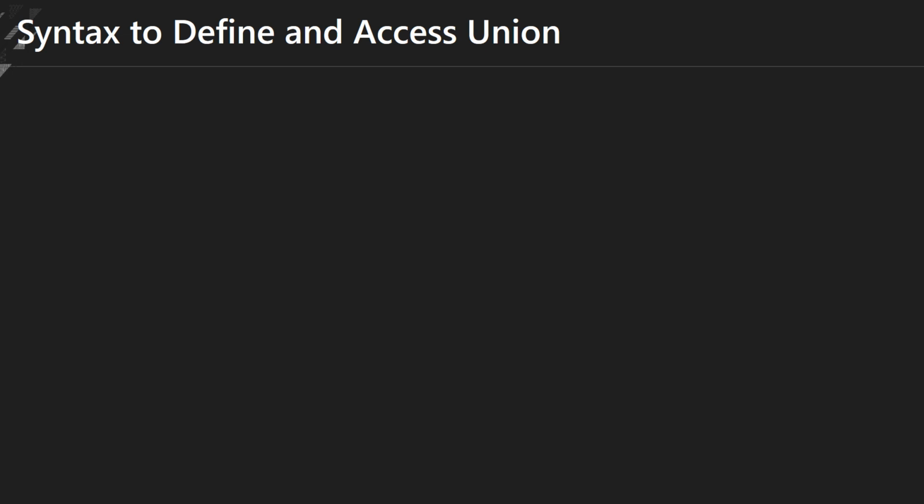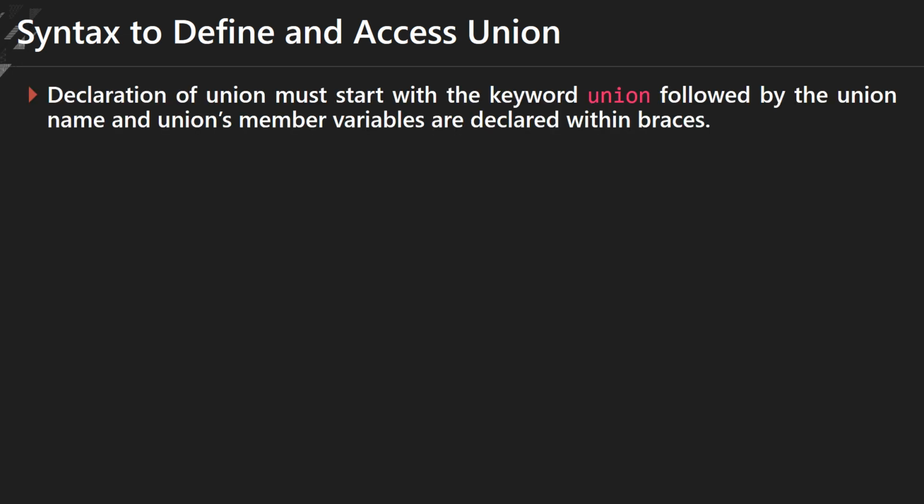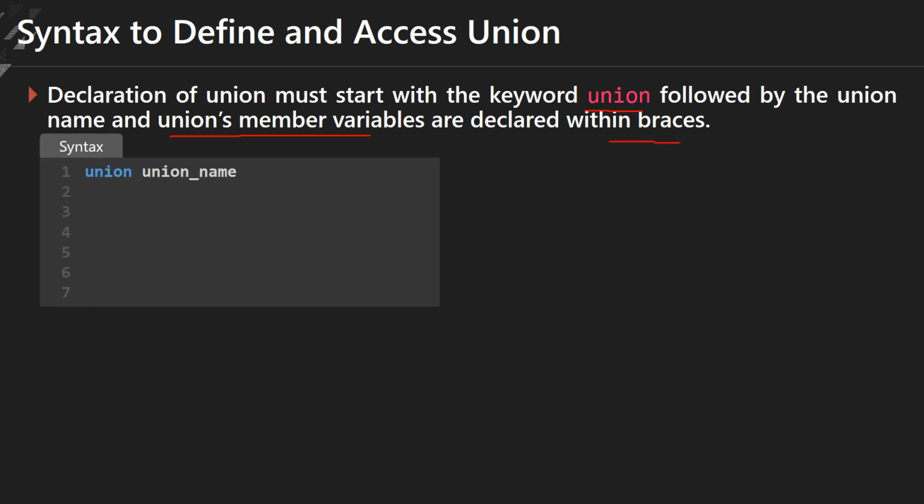The syntax to define and access a union. A declaration of a union must start with the keyword union, followed by the union name, and the union's member variables are declared within curly braces. Let us see the syntax.